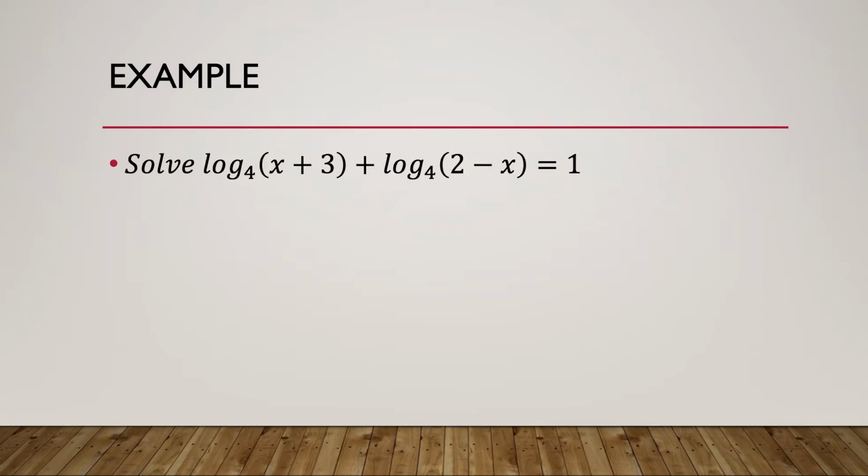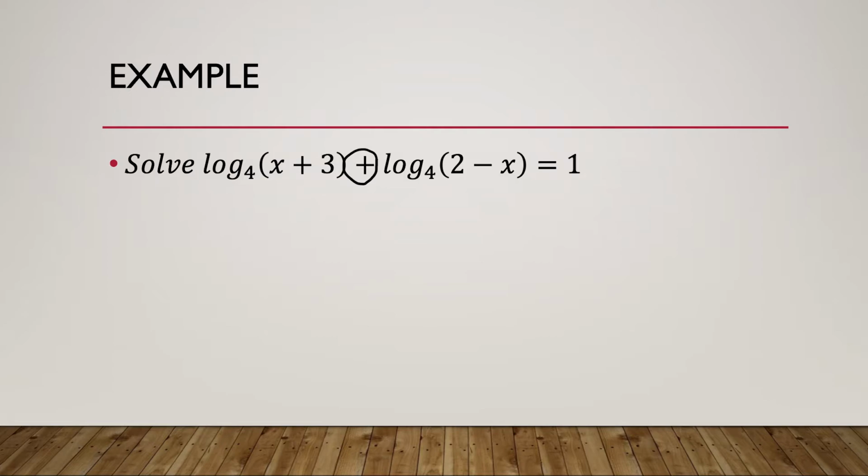Our next example says log base 4 of x plus 3 plus log base 4 of 2 minus x is equal to 1. Again, this is not a good candidate for changing to exponential form because we have too many pieces. So instead, I'm going to try to do a property. I know that there's a property that deals with two logs that are added together.